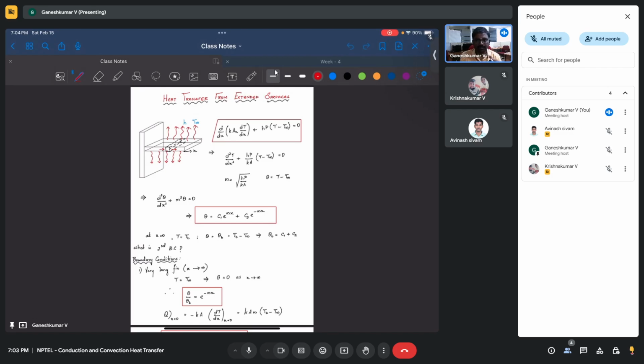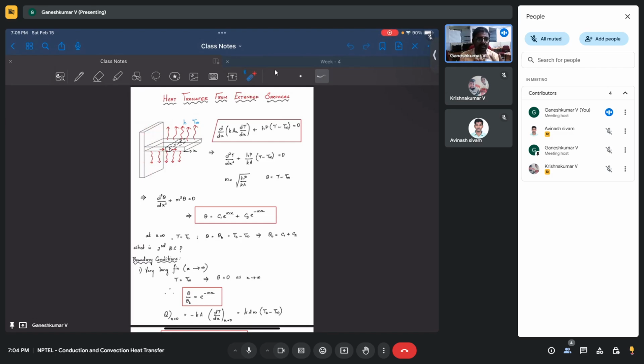We started with the rectangular fin. Basically we add additional material in such a way as to increase the surface area for convection, and that will help improve the heat transfer from this device.